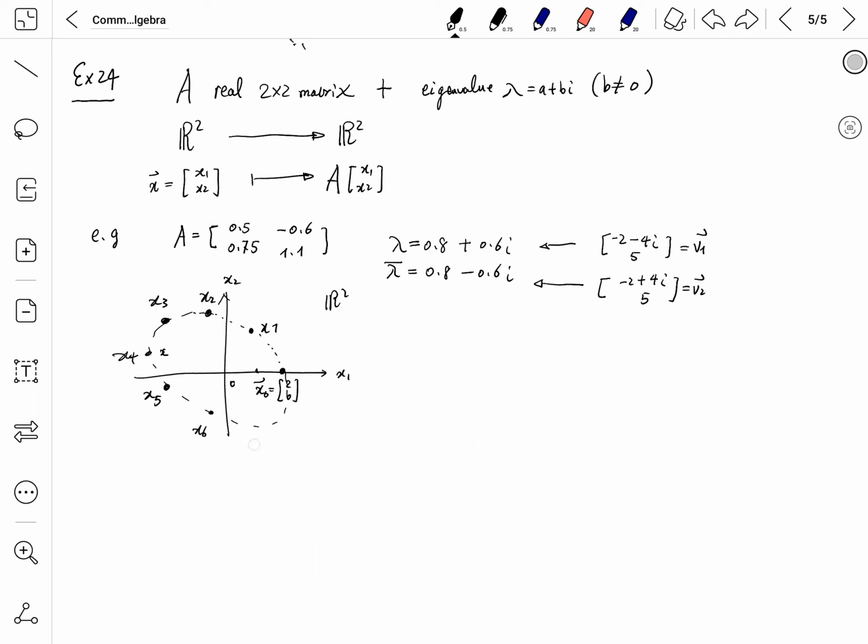The secret hides in the following fact. If A is a real 2 by 2 matrix, let me denote this eigenvalue to be a minus bi.